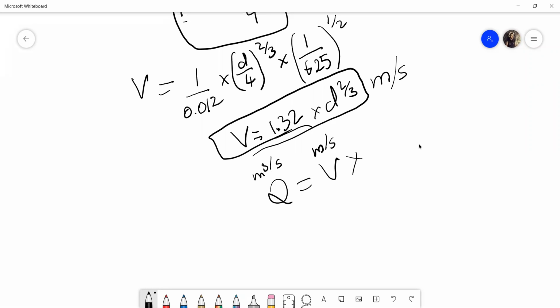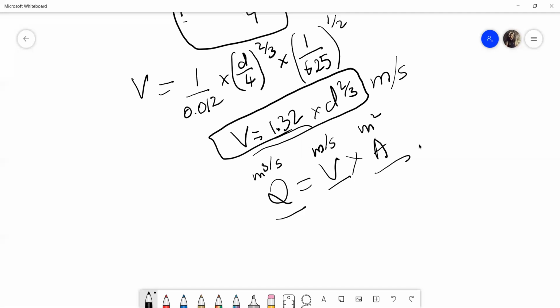So what are we multiplying along with the velocity? We are multiplying meter square. So what is meter square? It is the area. We have to multiply velocity with the area to get the discharge.